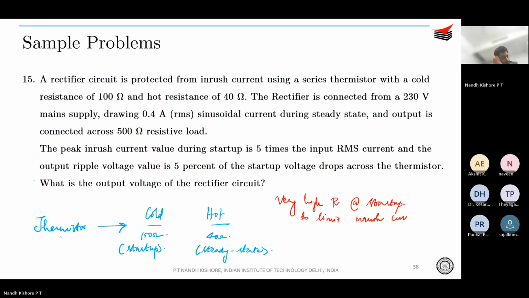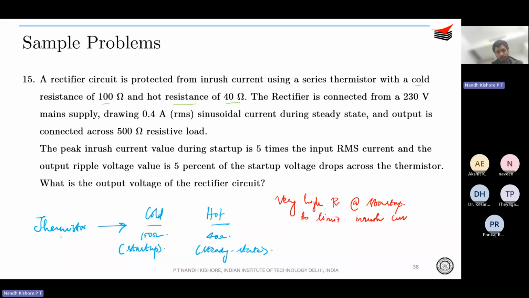So the point is, if they have given cold resistance and hot resistance, based on the question you need to distinguish which is for steady state and which is for transient. The rectifier is connected to a 230 volt AC mains supply, drawing 0.4 amperes sinusoidal input current during steady state, and the output is connected across a 500 ohm resistive load.